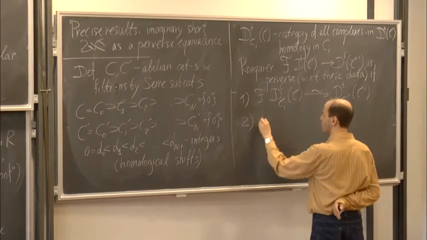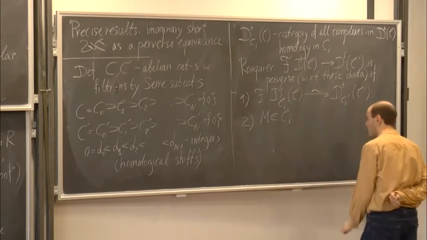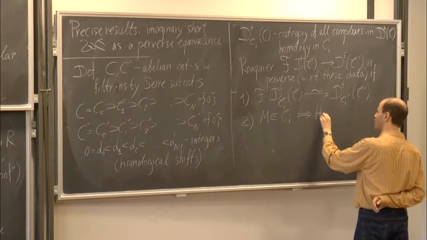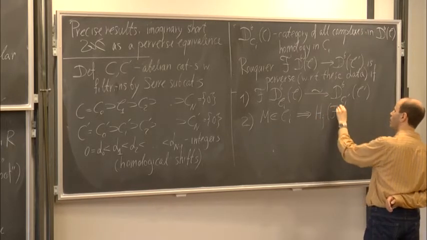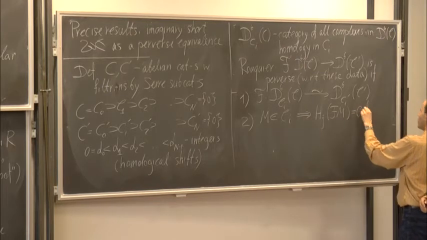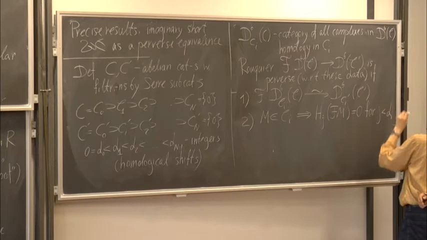Second of all, if M lives in C_i, then H_j(F(M)) is zero for j less than d_i.